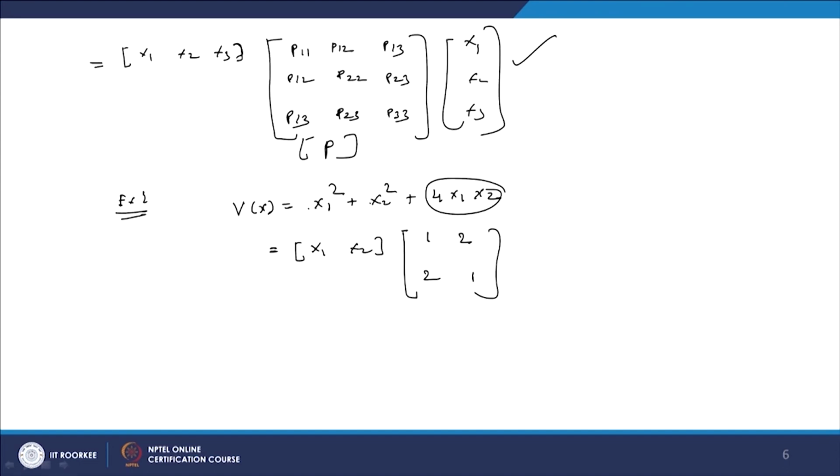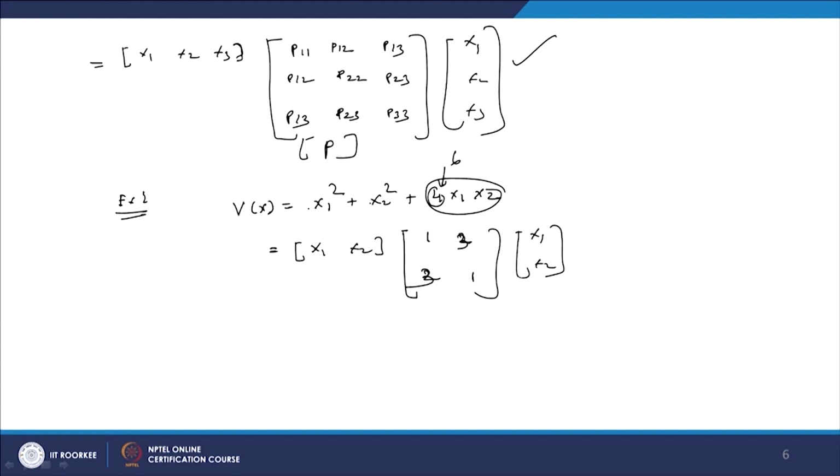So whatever the element is, we have to divide by 2 and write it here. Suppose instead of 4 the element was 6, then we would have written 3 and 3, again with x1 x2.